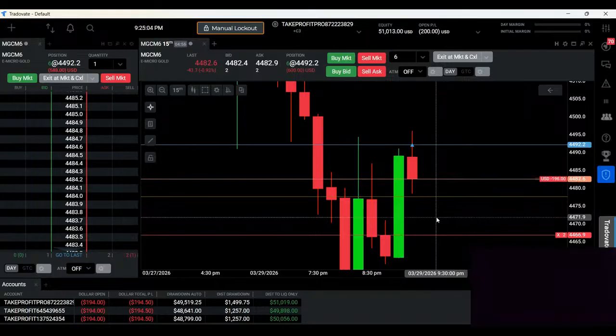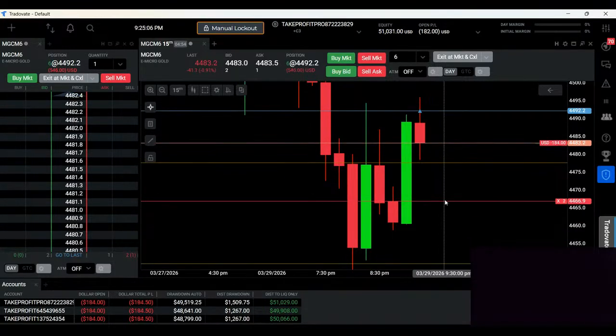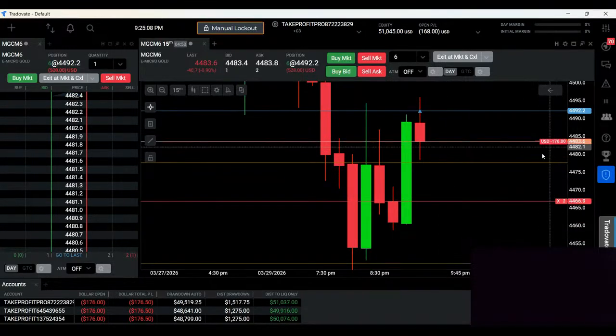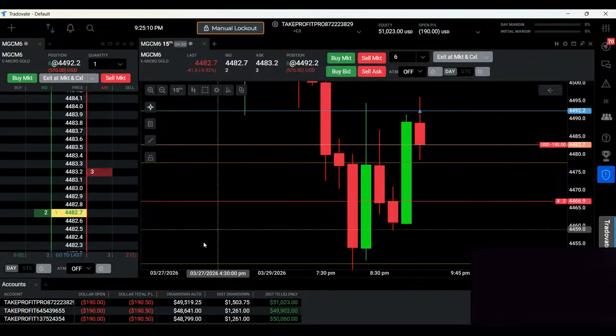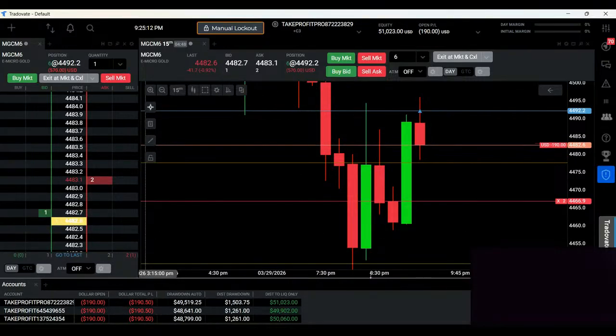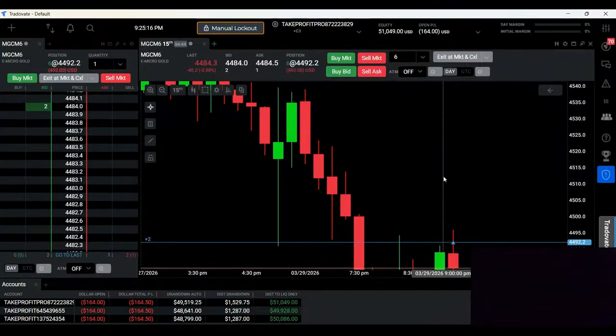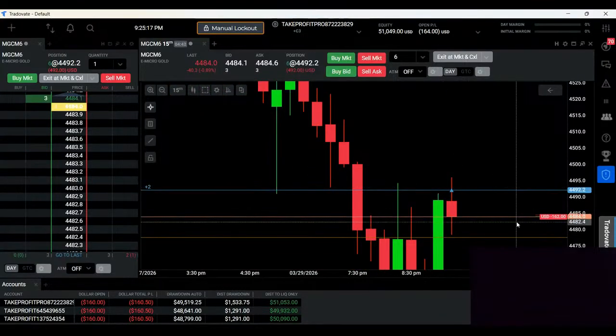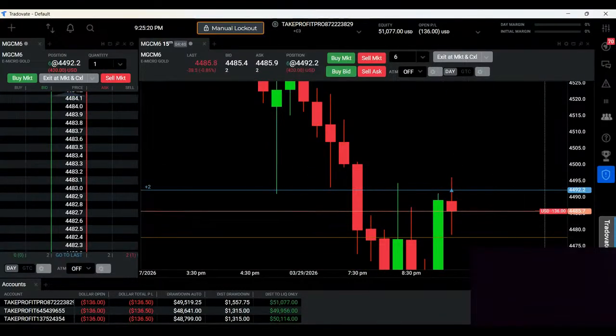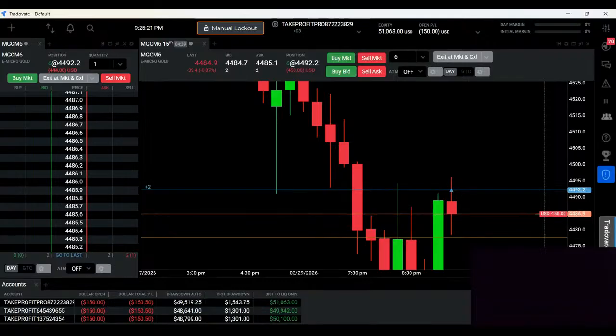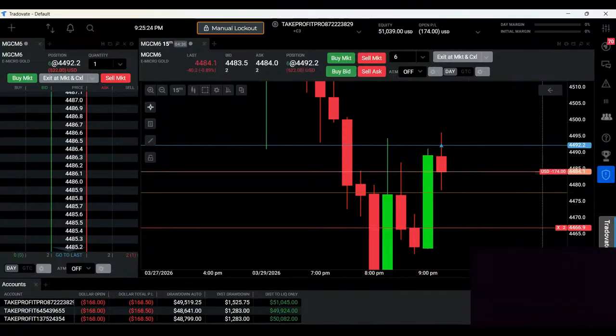So right now I'm risking $400 on this trade, but that's 400 times three. That's $1,200 I'm risking, and I'll be taking profits somewhere here. So as I said, I'm gonna just let this trade do its thing and play out. I'll be right back.